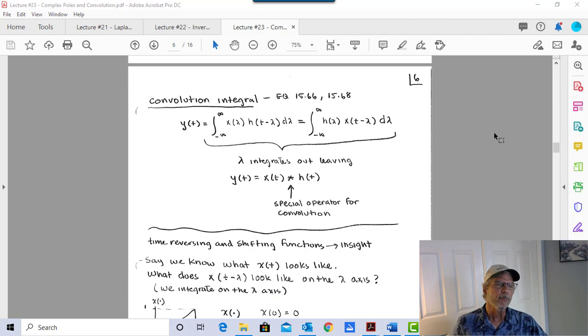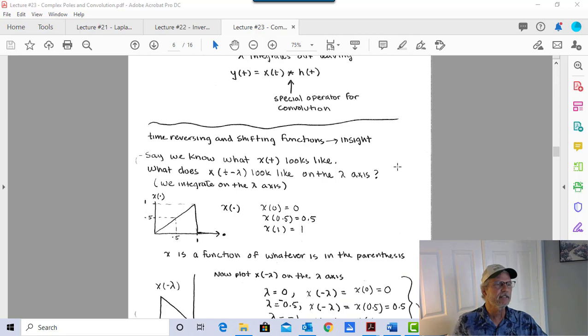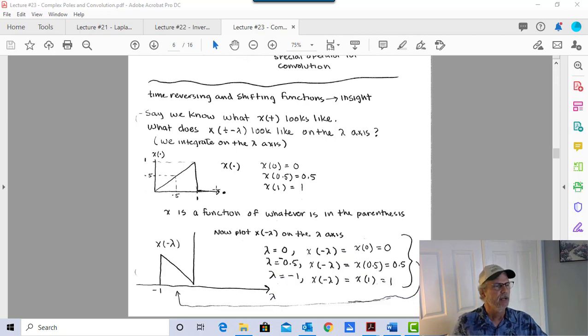Before we go into this more, I want to look at this whole business of time reversing and shifting functions. This is an area that can give some students problems. It's just hard for them to visualize it. I've had the same problem, so I want to give you a little bit of insight into that. Let's say that we've got a little function x of t. What does x of t minus lambda look like on the lambda axis?